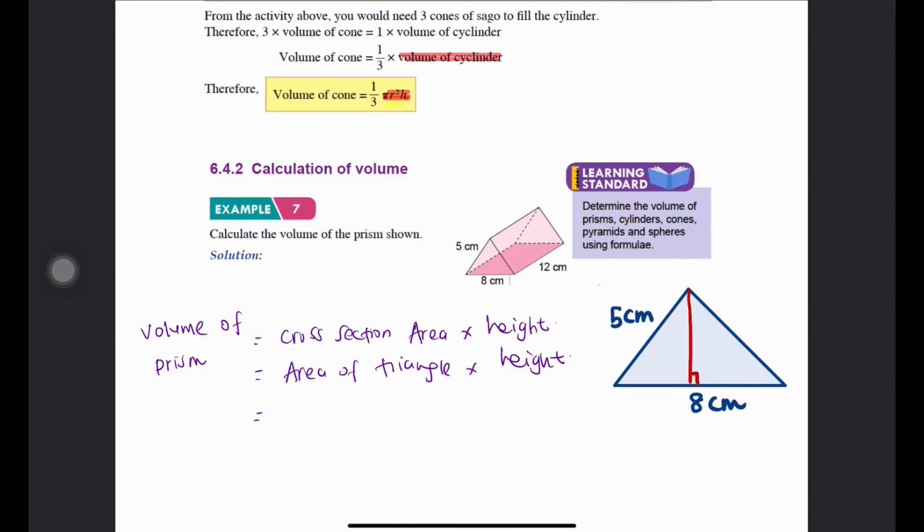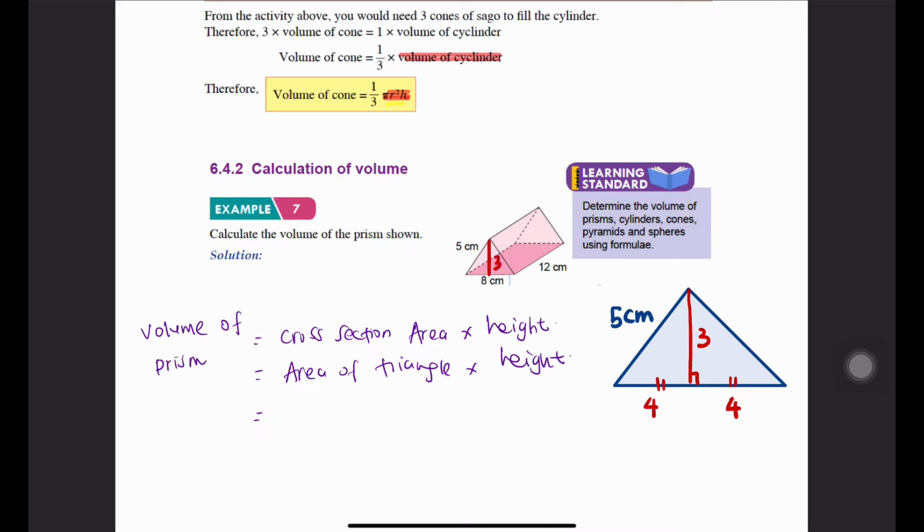Now we know that this is actually a right angle triangle, where the length of this part is equal, so this part is 4 cm and this part is 4 cm. So by using Pythagoras theorem, we know that this is a special pair, right? So 4, 5, so over here is 3. So we know that the height of this triangle is 3.